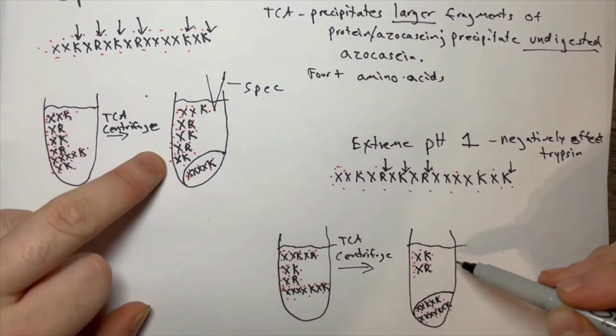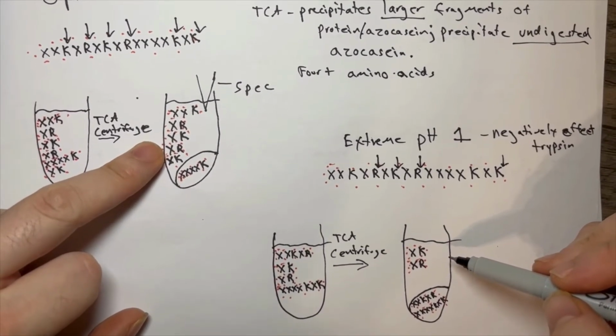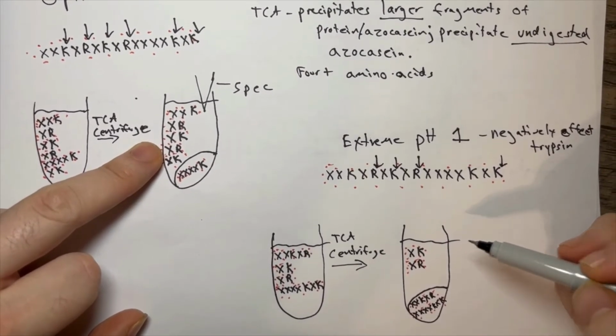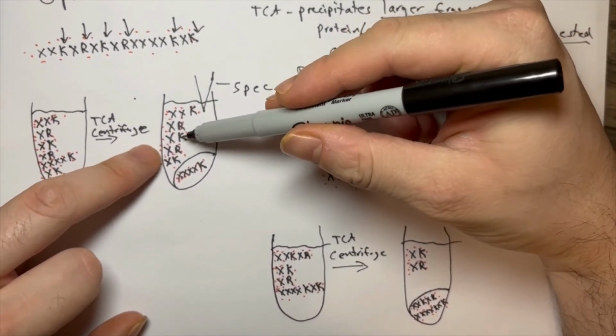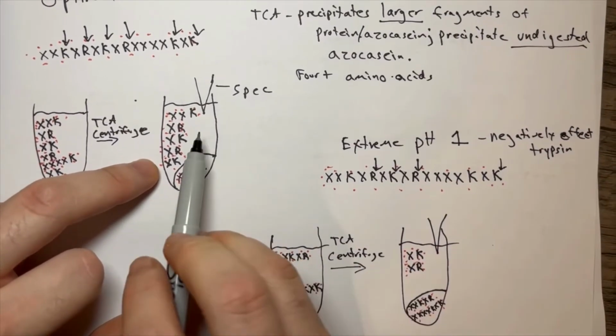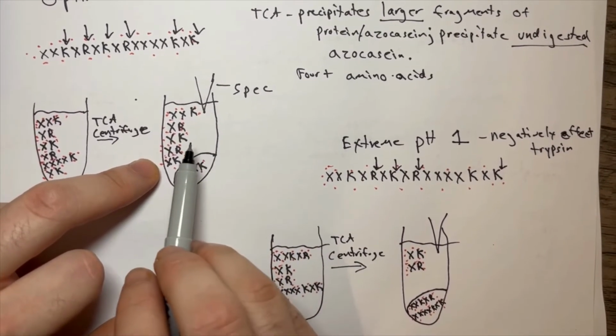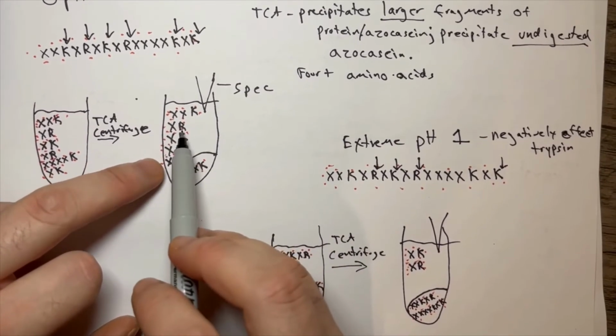Now, comparing these two, which one's going to have the higher absorbance? This one, because there are a lot more sulfonylamide groups in the supernatant compared to this one. If we take this supernatant and run it on the spectrophotometer against this one, this obviously has a lot more sulfonylamide groups in the supernatant.